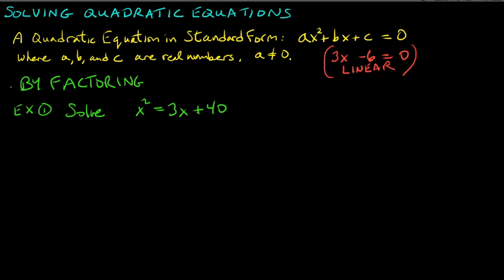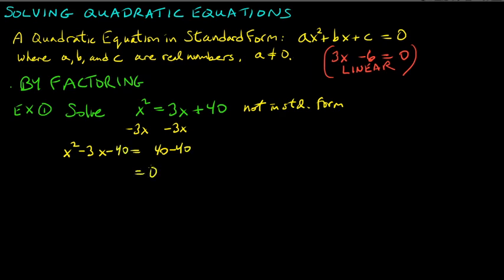Well, first note that this is not in standard form, because it doesn't equal 0. You have to have 0 on the right side. So to put it in standard form, let's just take away the 3x from both sides. So x squared minus 3x equals 40. And then to get rid of the 40, we subtract 40 from both sides. Just do the opposite.